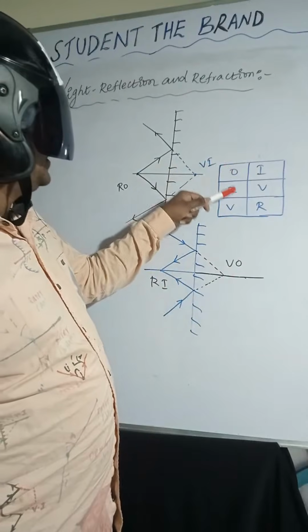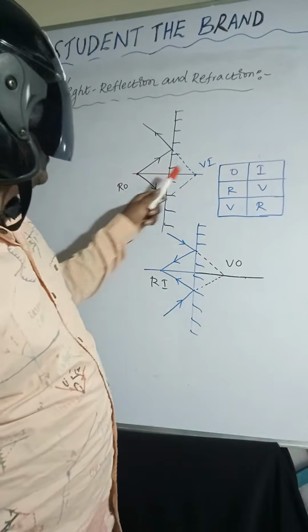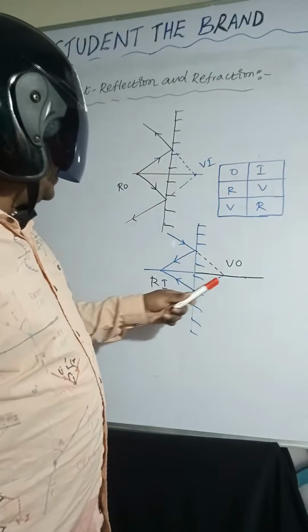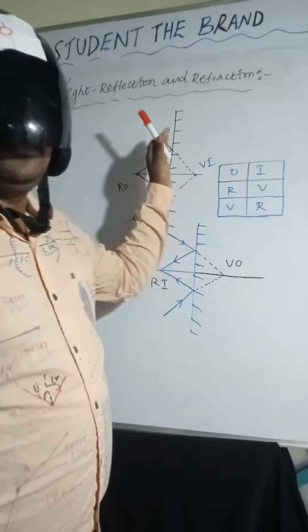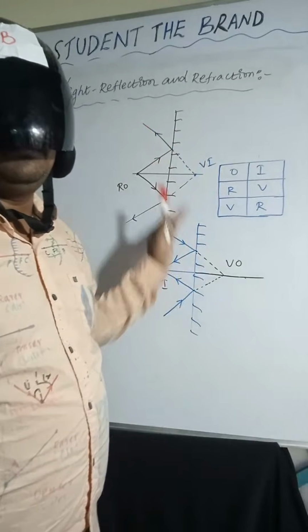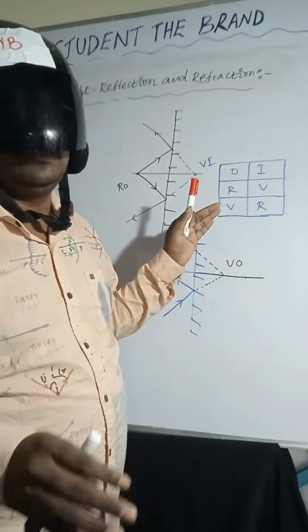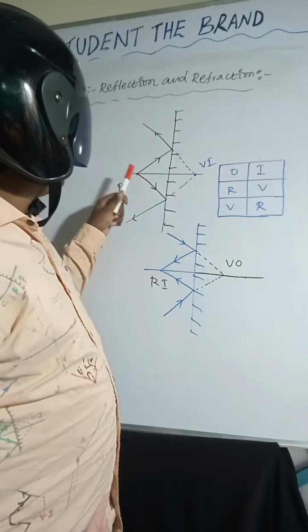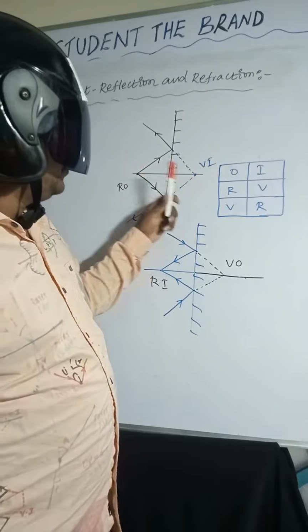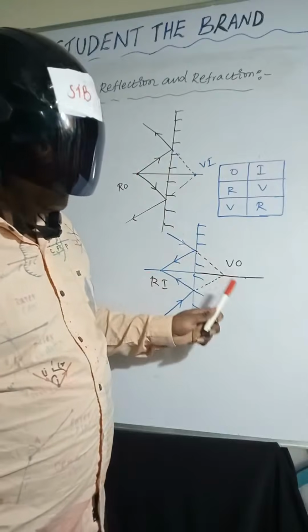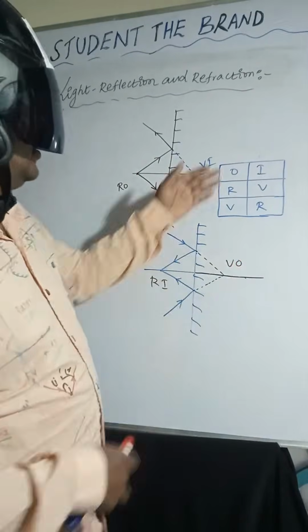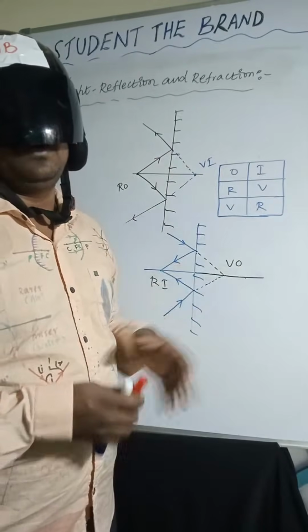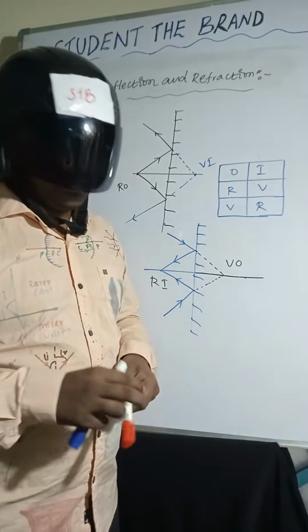By observing these two diagrams, we can conclude: real object, virtual image; real image, virtual object. So this is the table, and we can follow that. I hope it is very clear.